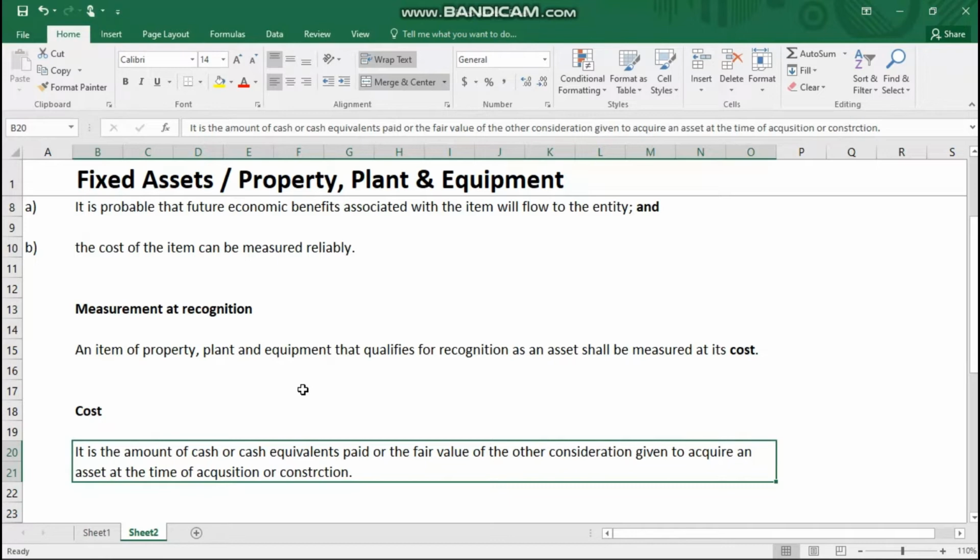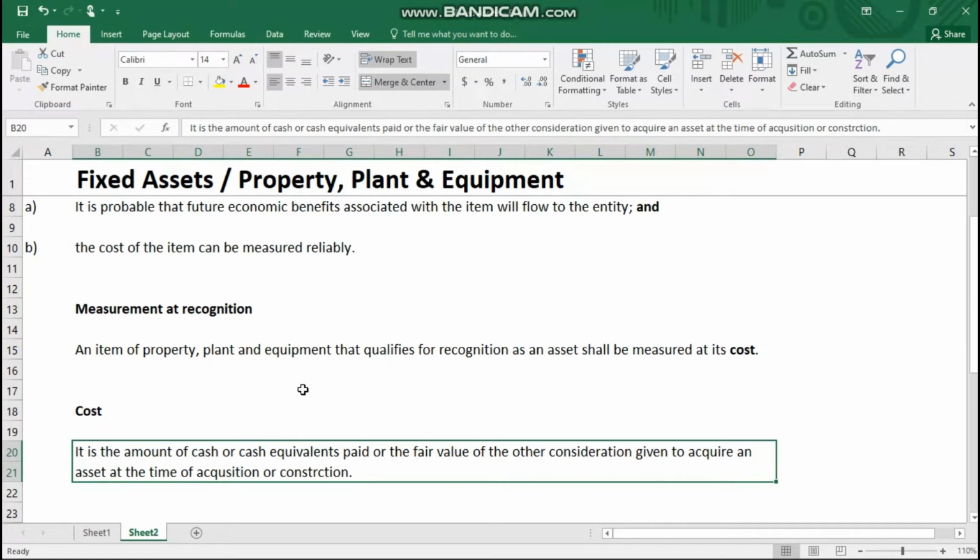Okay, either you can purchase the asset by giving cash or any cash equivalent, you can acquire it and you can construct it. Okay, and also you can acquire an asset by giving some other asset in consideration.